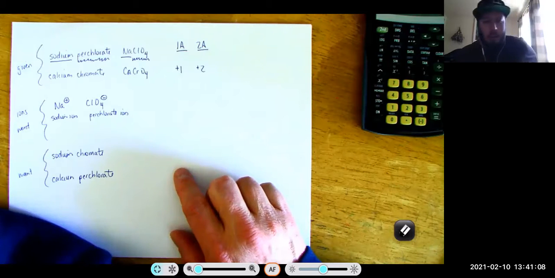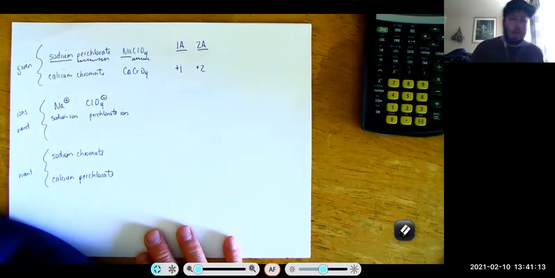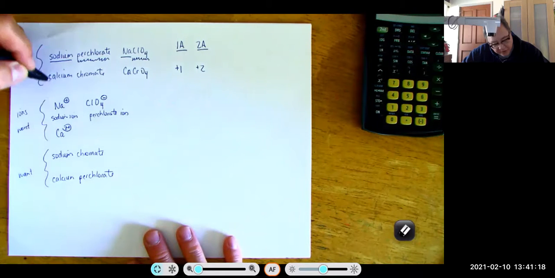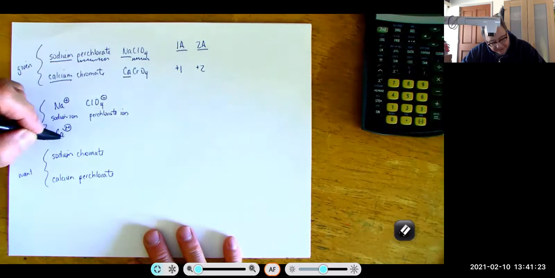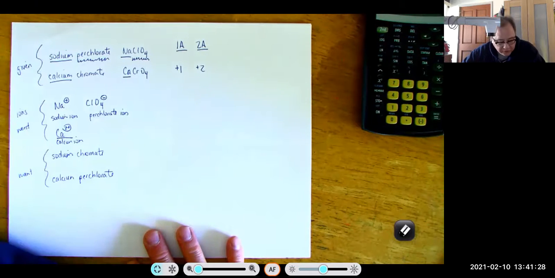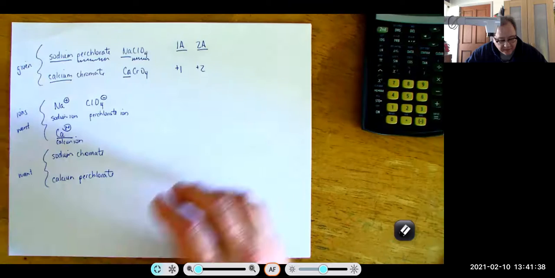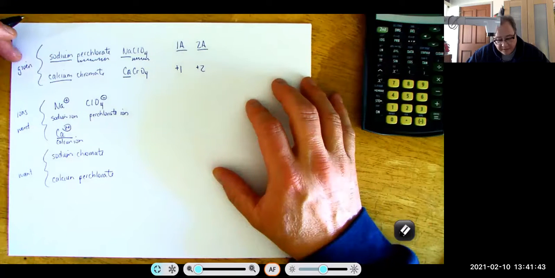Okay. And so if you look at calcium, where is that? It's in the 2A. So I'm going to put an underline here, underline there, and it becomes calcium ion. So does that mean that the oxygen also carries a positive charge? No. Or negative charge? No. Let's look at the one above.